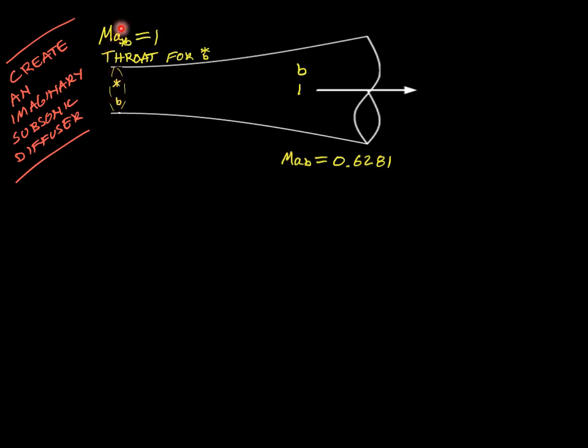Because it's a throat, we know that our Mach number is going to be 1 here, and we're going to call this the throat for the flow at B when it's subsonic. So our flow is going to go from this new throat definition to state B. We also have an exit, and we're given the area at the exit.